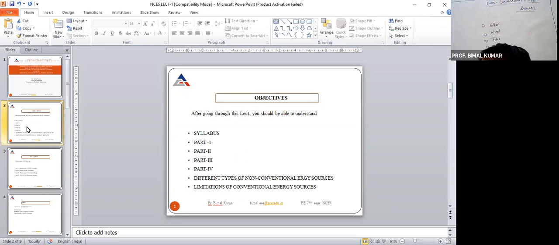The number of industries and the number of home appliances are going to increase. If you look 10 to 15 years back, the number of air conditioners in your locality was very small, but at present in each and every home there is more than one air conditioner, depending upon the requirement or the number of rooms.